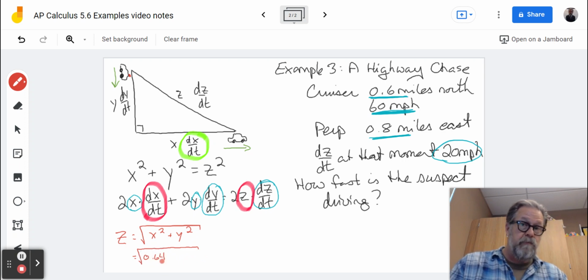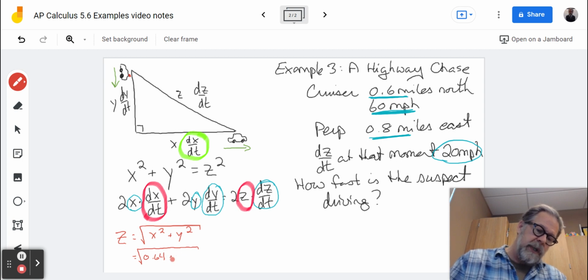Remember, 8 times 8 is 64, two decimal places. 0.6 squared is 0.36, 6 times 6, two decimal places. 0.64 plus 0.36 is 1. The square root of 1 is 1. We now know that z is 1 mile.